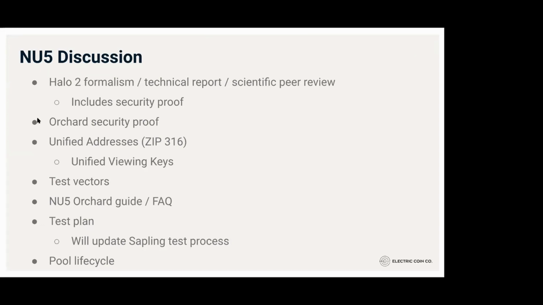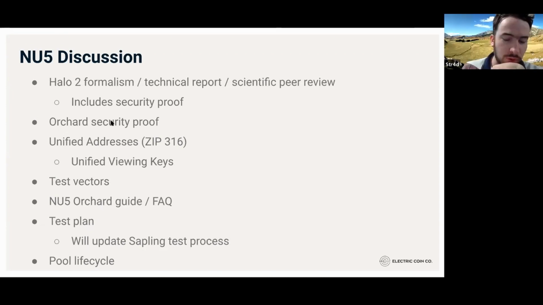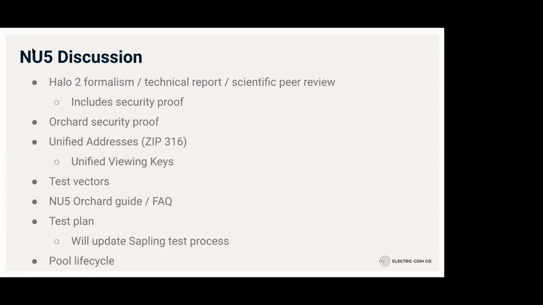And the book is supposed to be there for analysis and understanding of the protocol. It's an informative thing, not a specification. So there could be mistakes in the book, but the book isn't authoritative. It's the spec and the actual implementation. Yeah, for the Orchard book, yes. Okay, thank you.